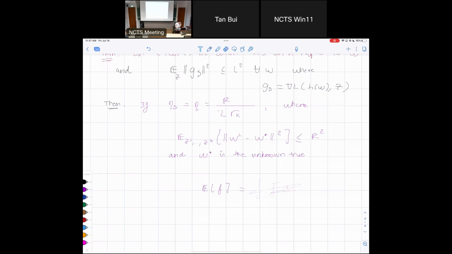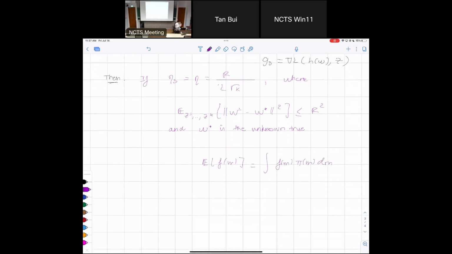Let me remind you here so that you don't feel confused. I'm going to erase this in one second. Let's say that we have a probability density. It doesn't need to be a density. This is the expectation.